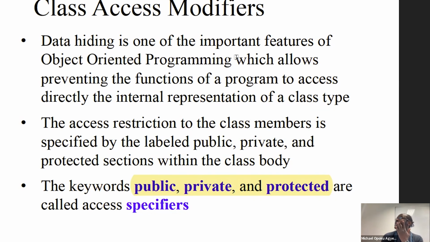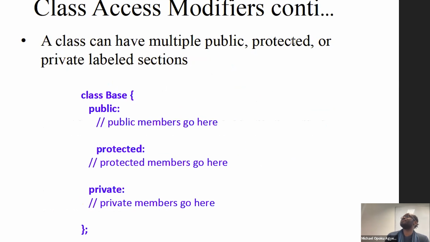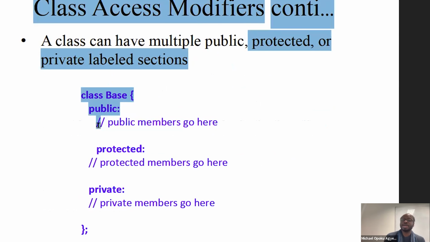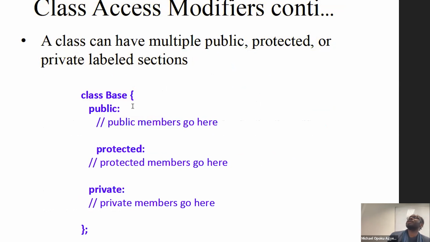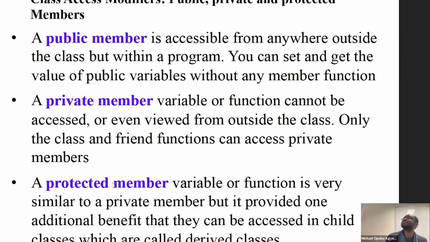But people protect some things or make other things private for reasons, right? So a class can have multiple of these specifiers. You can have multiple public members, as we have seen before with the variables and the function that was created, and you can have protected or private as well.